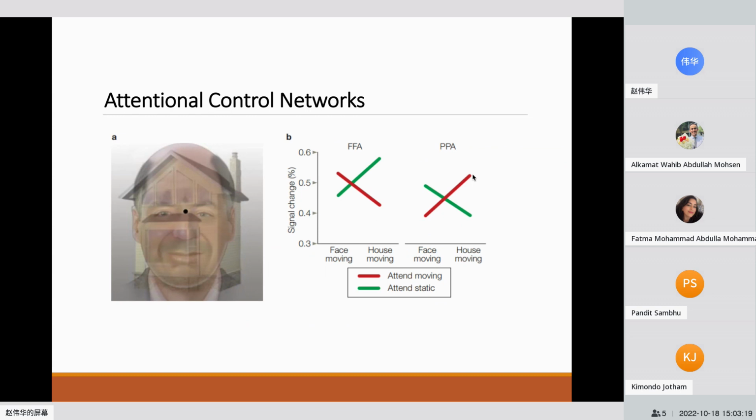And the third condition is about the motion. When participants selectively attended to the motion, activity in MT or MST, also called V5, increased, as did activity in FFA or PPA, corresponding to the object that was moving.